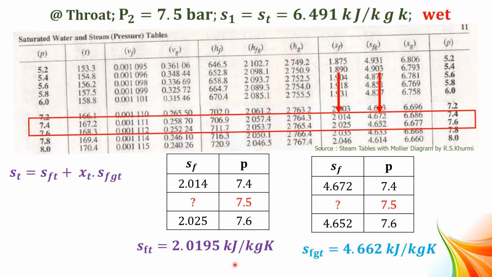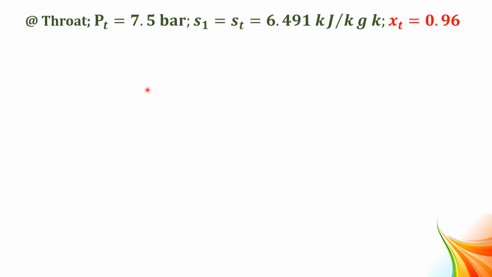Now substituting these two values and the St value we have already obtained from the steam table in this equation, we get Xt equal to 0.96. Now we know the pressure Pt equal to 7.5 bar and the Xt value equal to 0.96.